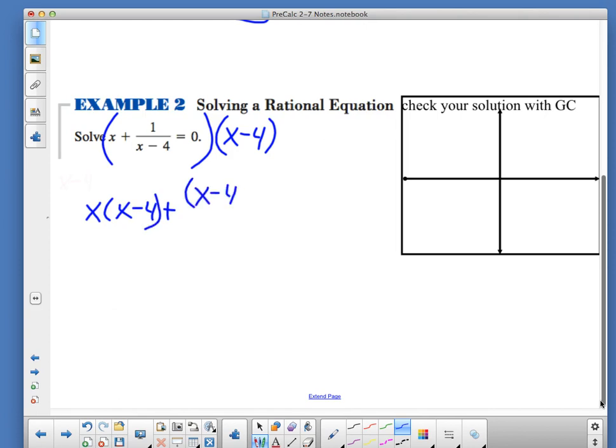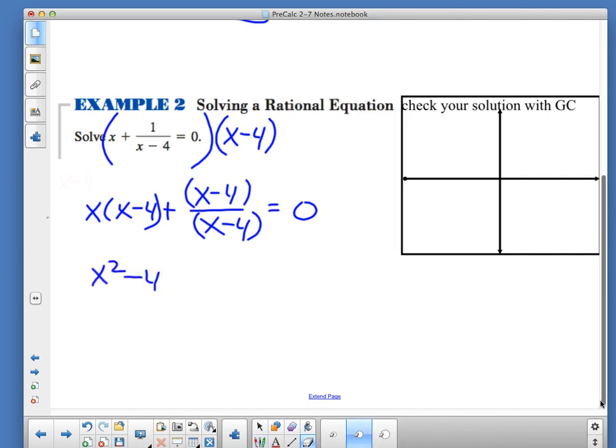X minus 4 up top and over x minus 4. Okay, and anytime I multiply the LCD, I'm really multiplying the numerator, and then I divide it out with the denominator, so that's going to be equal to 0. So now I've got x squared minus 4x plus 1 for this answer.